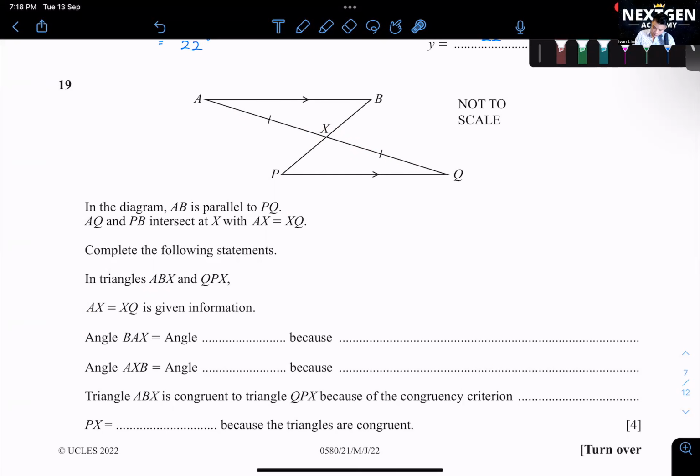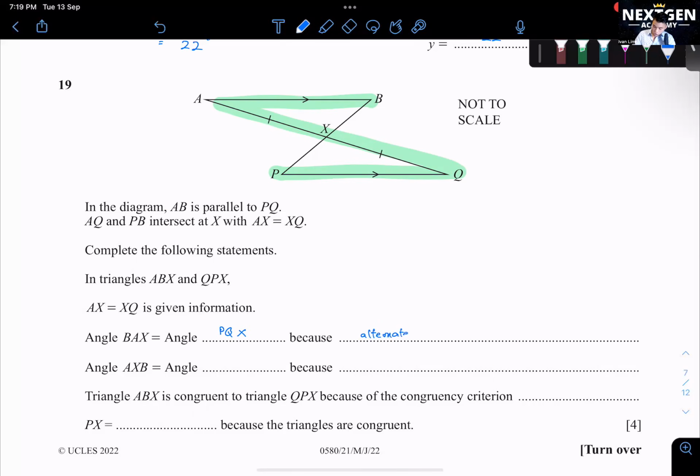Angle BAX is equal to what? Over here, right? PQX, or XQP. Why are they the same? Because of alternate angles.